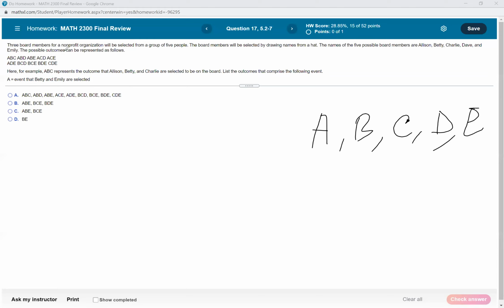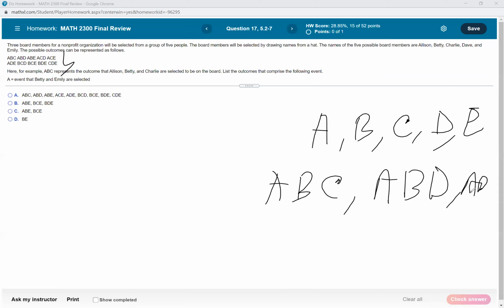That's when we select 3 of them from 5. So we can have ABC, we can have ABD, we can have ABE, and so on. These are the possible outcomes.